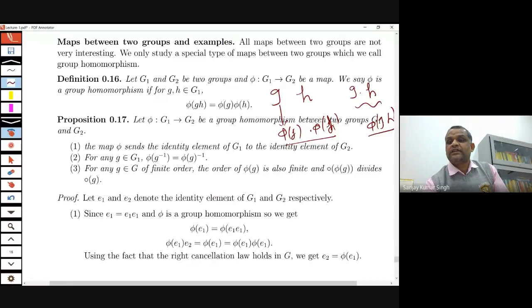If such a thing is happening, that is phi(gh) = phi(g)phi(h), then we say that such maps are very nice because they preserve the group operation, and these maps are called group homomorphisms, and they are very interesting to study.